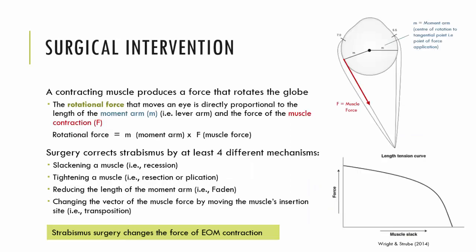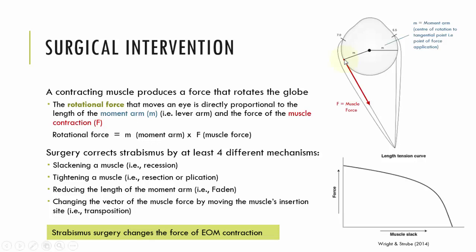Okay, before we commence discussing the various surgical options we have in treating patients with strabismus, let's go back to some of the key principles regarding how we move our eyes. Now, you're well aware that a muscle that is contracting will produce a force that rotates the eye. This rotational force relates primarily to two things.